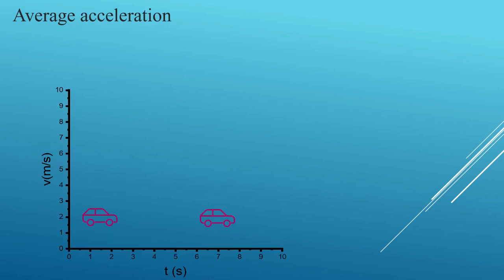Let's talk about the average acceleration. So we know the equation for the acceleration is a equals delta v over delta t, right? Which is equal to v2 minus v1 over t2 minus t1, right? This is the definition of the average acceleration that I talked about in the previous video, right? So here, the only thing that changed compared to the previous slide, the first example, is the y-axis.